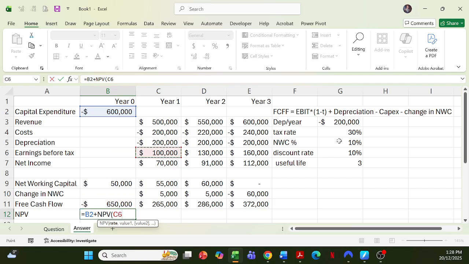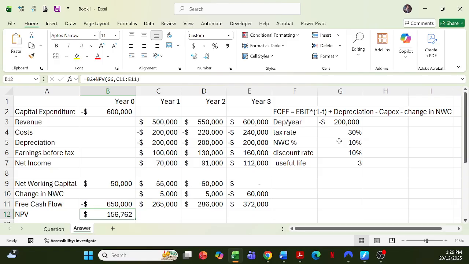We got to find the rate, which is 10%, comma, the free cash flow for the next 3 years. Okay, the NPV of the project comes out to be 156,762, which is a positive figure. So given our cost of capital, this is a project that we should undertake. If NPV is zero or greater than zero, we accept projects.